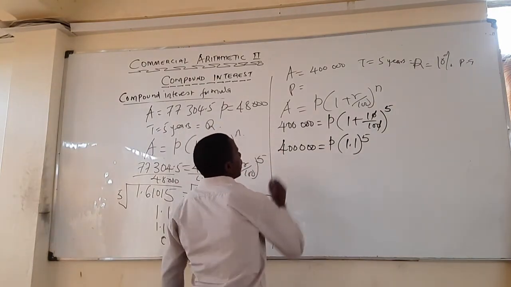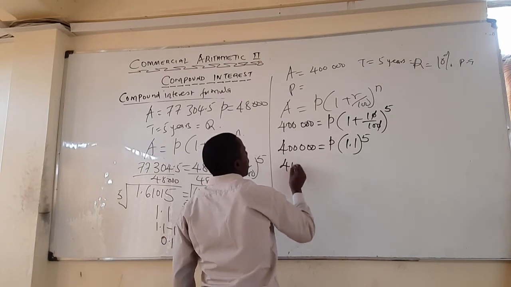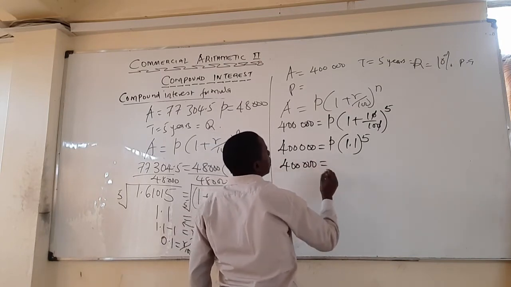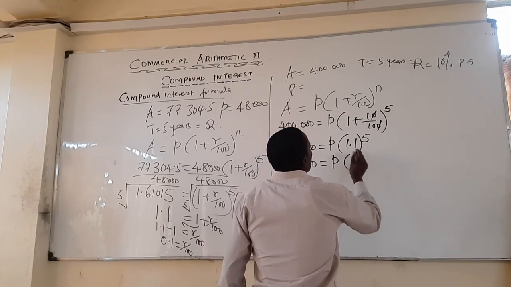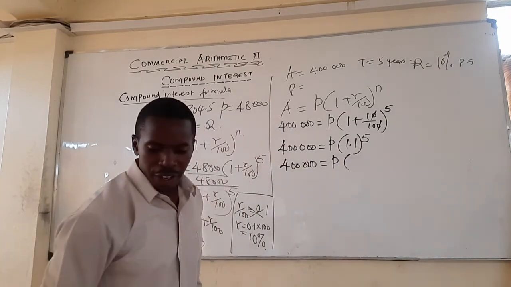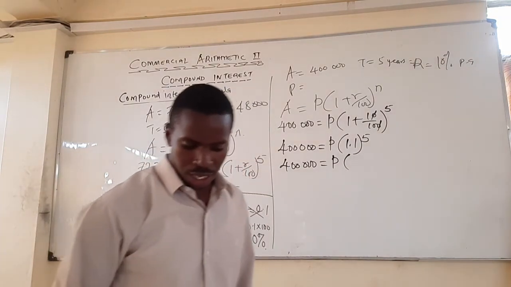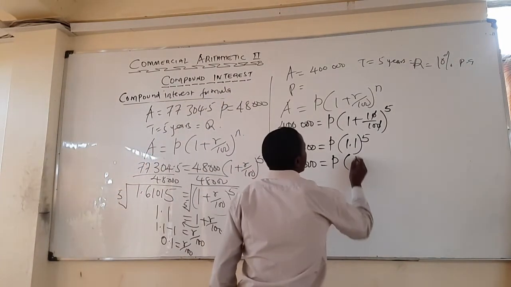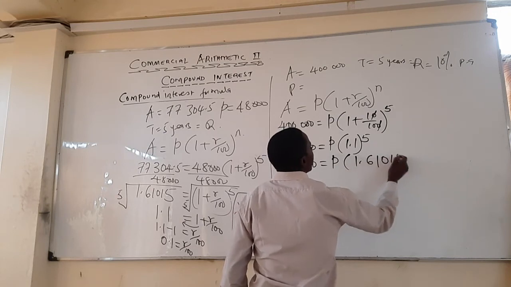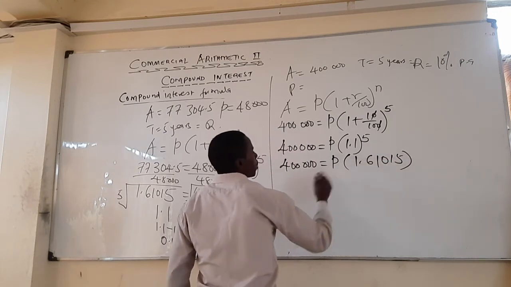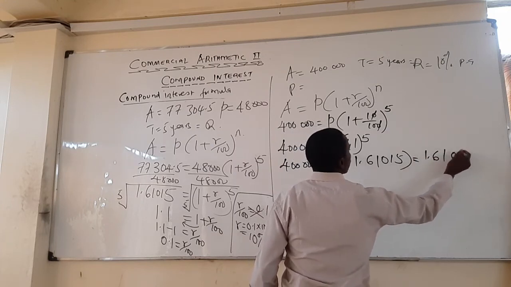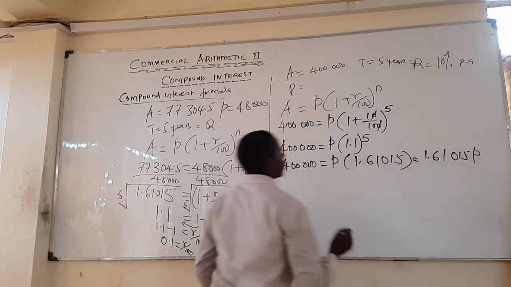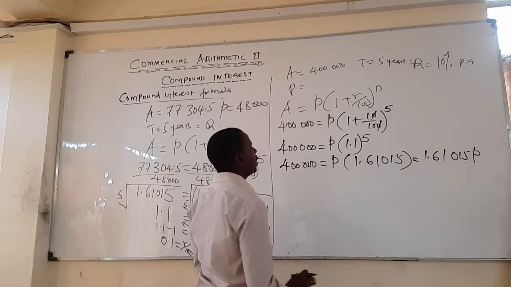So now we have 400,000 is going to be P times 1.1 power 5 is 1.61015. And multiply that one, of course, I'm going to get 1.61015P. So this is going to be equals to 400,000.